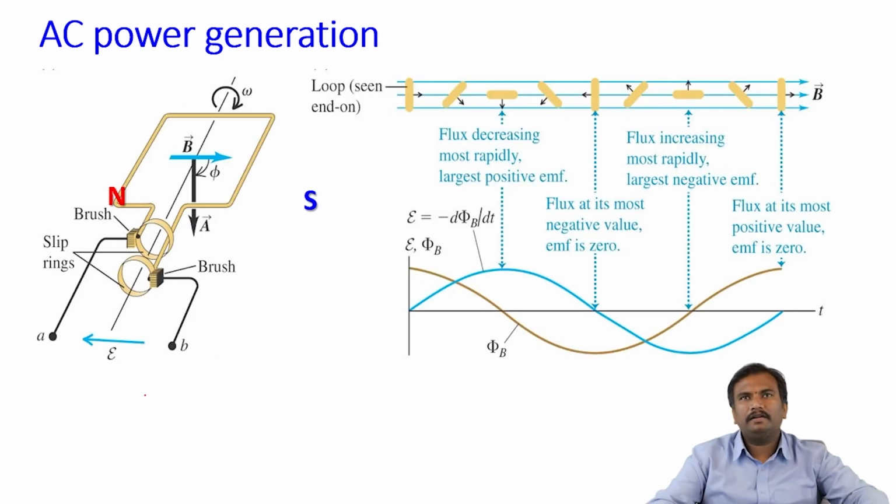When the flux cutting is more, the EMF will be high. When the flux cutting is less, the EMF will be less.